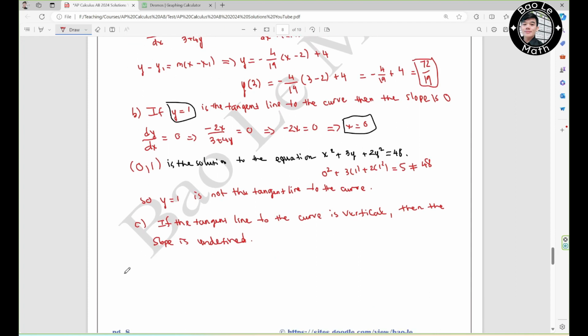Alright, so we have dy over ds is negative 2s over 3 plus 4y. We need to calculate dy over ds at (root 48, 0). So we substitute negative 2 times root 48 over 3 plus 4 times 0.